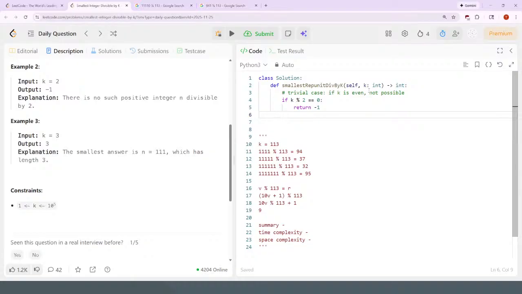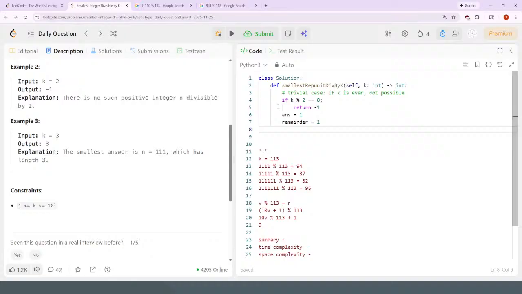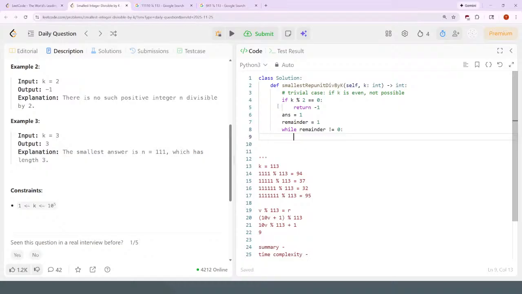Let's say n is the number of ones. So let's say the count, the answer, is initially 1 digit. The remainder is originally 1, because that's the same thing as 1. Then while the remainder doesn't equal 0, the answer increments. It's going up by 1 extra digit of 1.